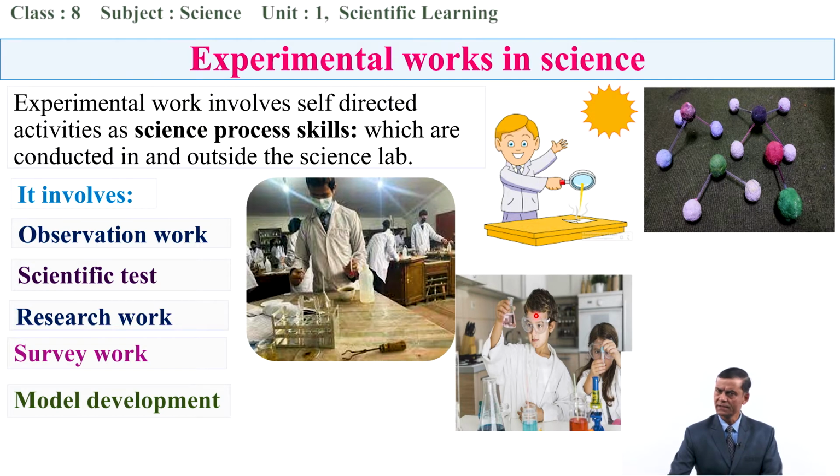We observe natural phenomena. Suppose a student is observing what happens when sunlight passes through a lens. It converges to a small dot that can light a fire also. We can light a fire from sunlight using a lens. Have you ever done that practical? Yes, of course. Similarly, we do various activities in the science lab, and here are model construction activities, which also involve experimental work in science.